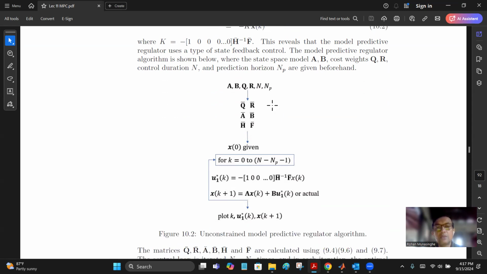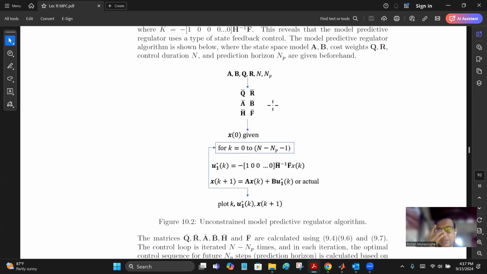Now, the control algorithm that we discussed earlier for discrete optimal control is written over here. You start off with A, B, Q, R, N, and NP. NP is the prediction horizon, and N is the control horizon. Then you calculate Q bar, R bar, A bar, B bar, then H bar, F bar, and the initial condition is given.